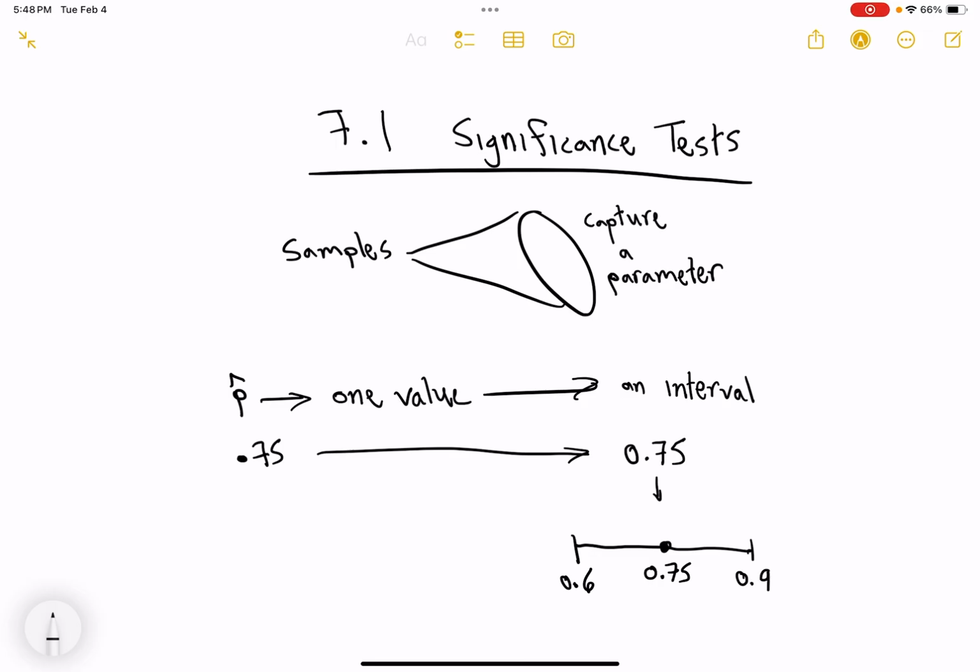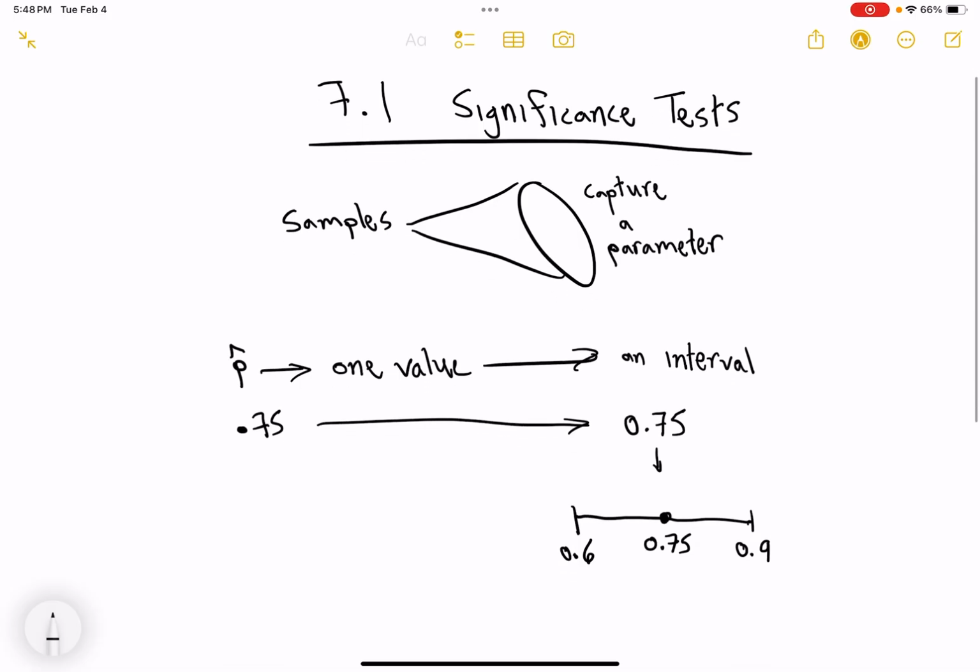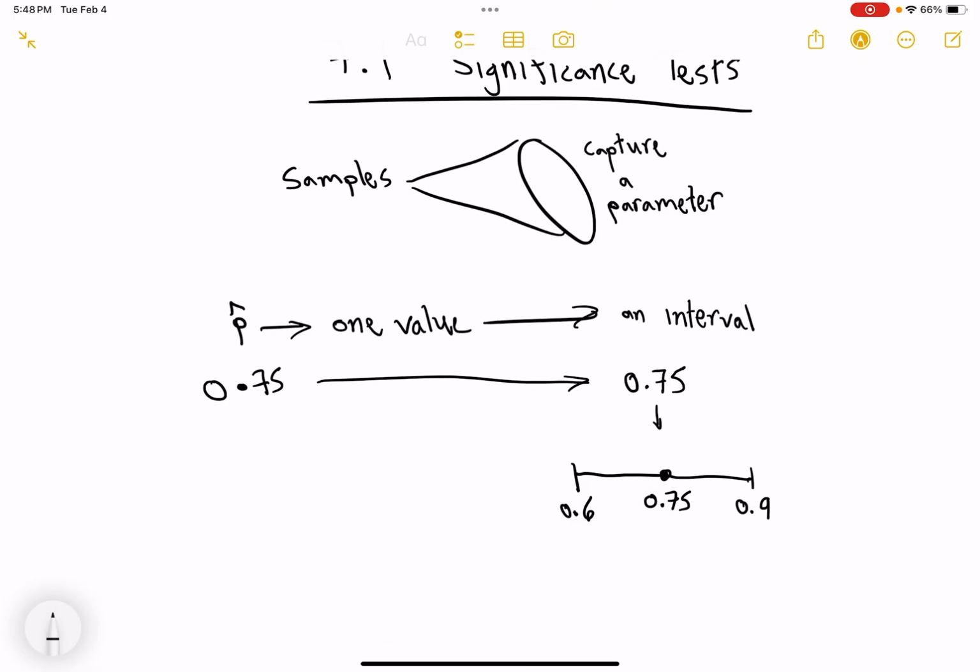And the beauty of what that did was it gave us a range of plausible values. And we would do a little bit of evaluation work, if you remember. If someone said, let's say that this 0.75 is the proportion of students who don't sleep enough at Alexandria City High School, well, what this would mean is that the plausible values of proportions of students who don't sleep enough is between 0.6 to 0.9, which is ridiculous, frankly.